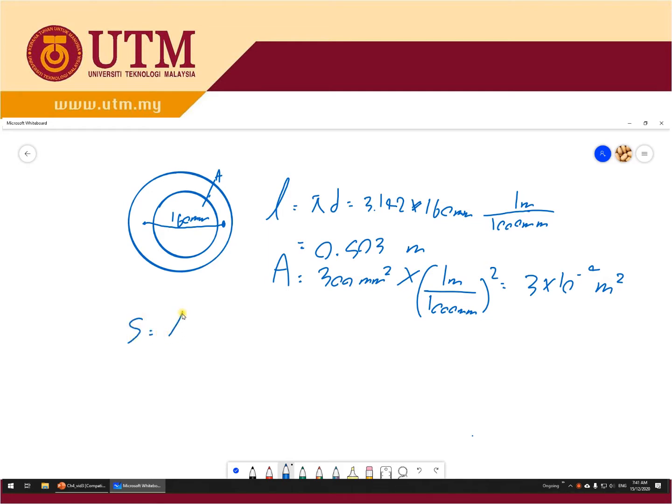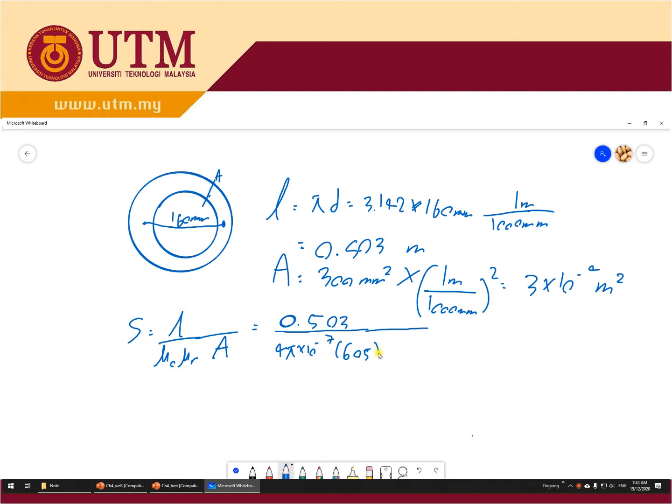S equals L divided by mu naught mu R A. For this case, 0.503 divided by mu naught, which is 4 pi multiplied by 10 negative 7, mu R, the relative permeability given as 605, and the area is 3 multiplied by 10 negative 4.